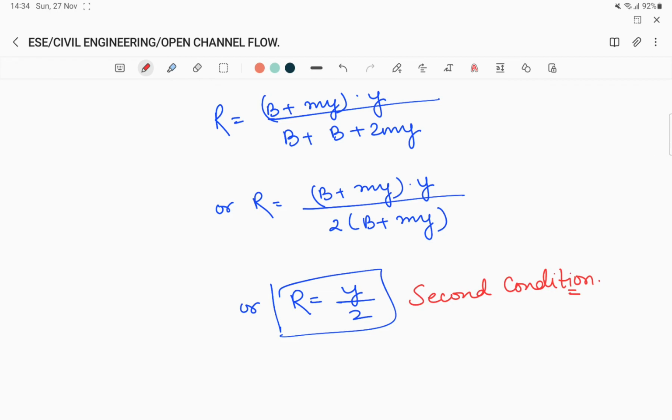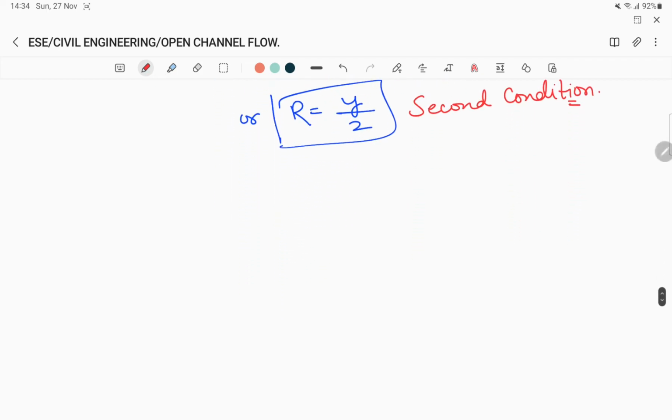So if we draw all this geometrically, what are you going to get? Let us draw it.